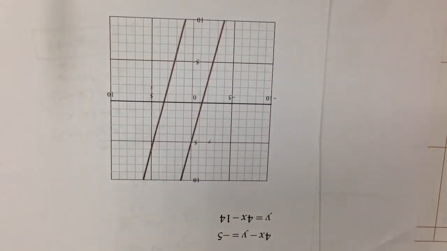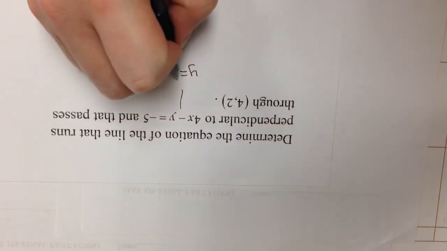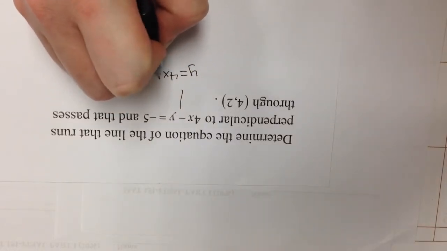Now, in the crossover to what we have with regard to perpendicular lines, let's say we take the very same original line, which was y is equal to 4x plus 5 upon placing it in slope-intercept form.